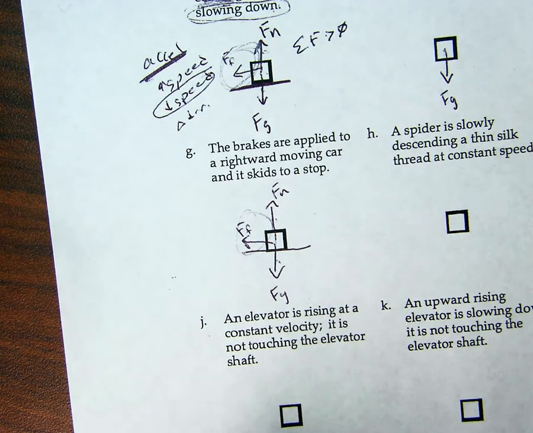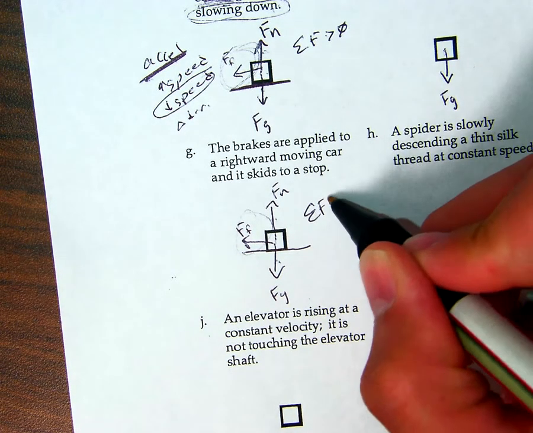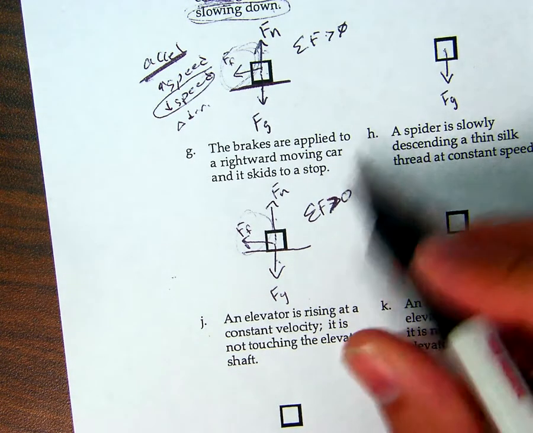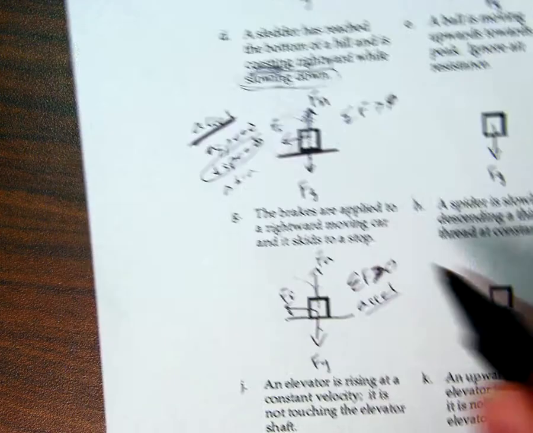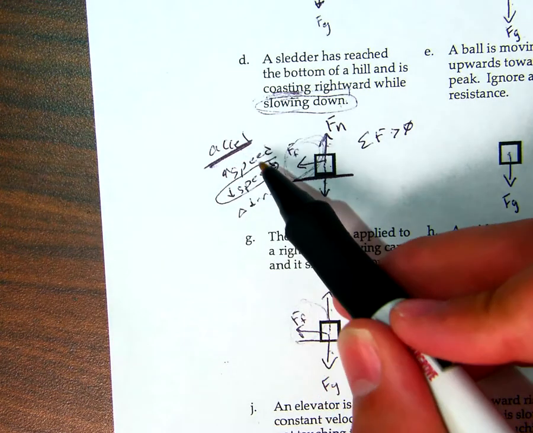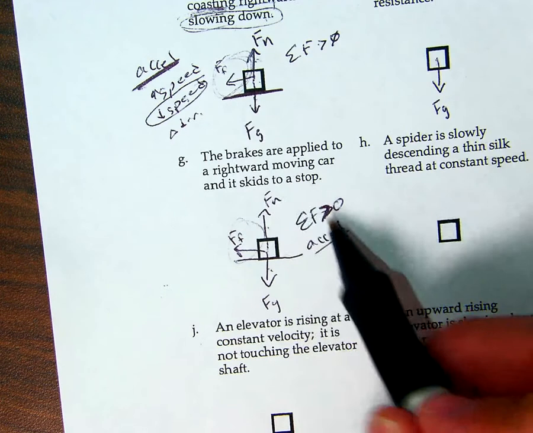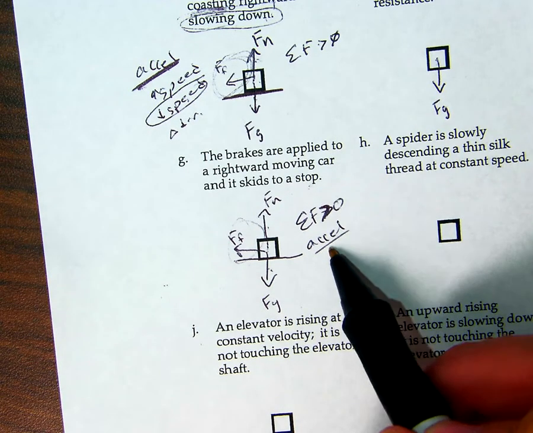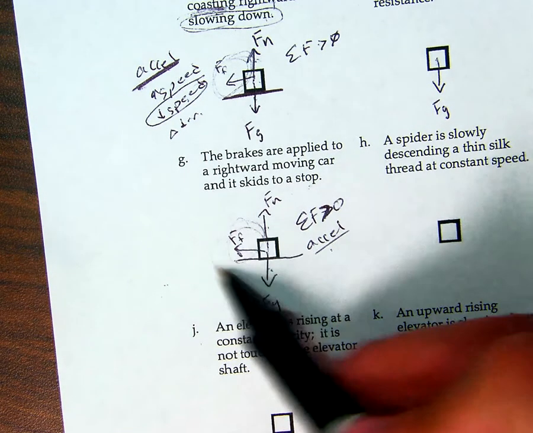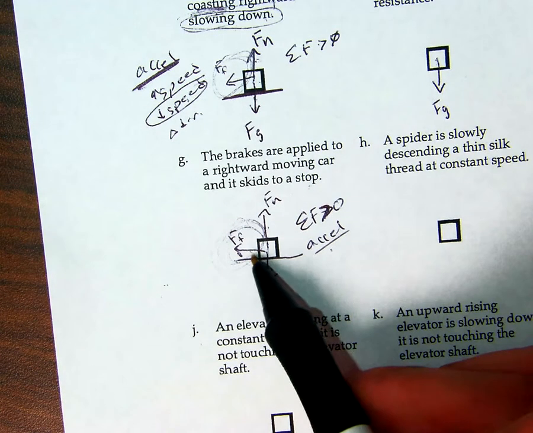We have a frictional force that's unaccounted for, so that means the summation of all forces is greater than 0, which means we have some type of acceleration. If we look up here from earlier, acceleration would be a decrease in speed, which is what we have because it's coming to a stop. It has to slow down to come to a stop. So we do have acceleration, and that acceleration is a decrease in speed due to the frictional forces of the tires.